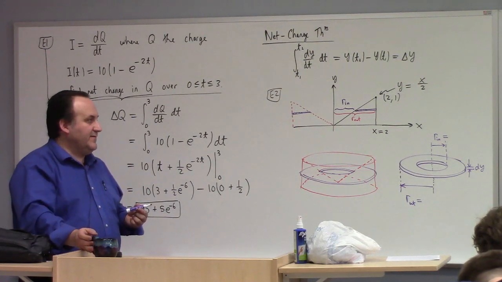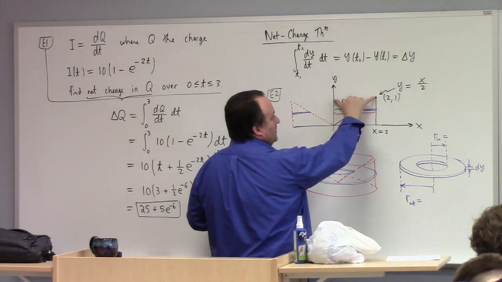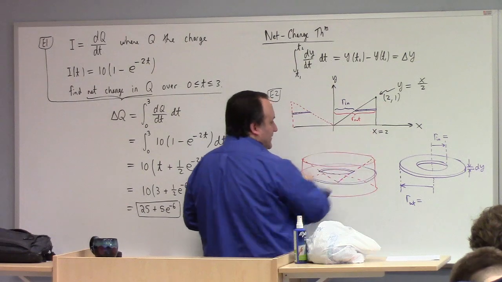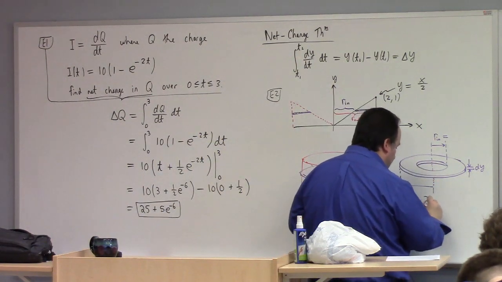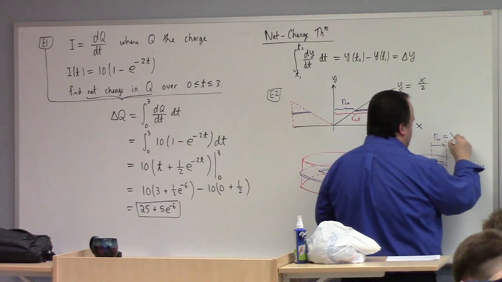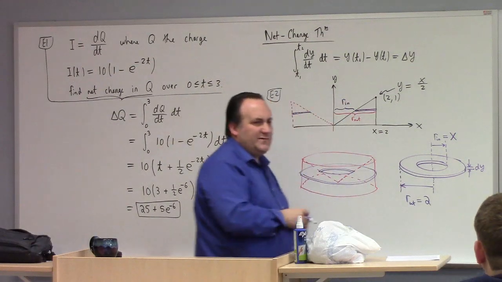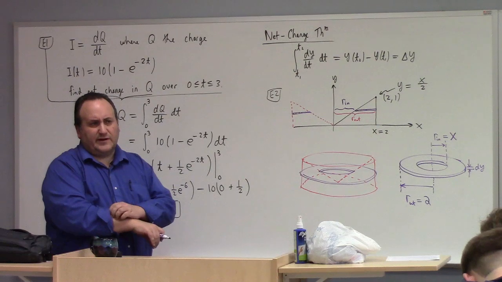Radius of the outer circle, how far is that? It's always what? It's always 2, yeah. So the outside radius is always 2. The inside radius is equal to x, right? But that's not really helpful to us because we need to look at it as a function of y, because we're integrating over y here.